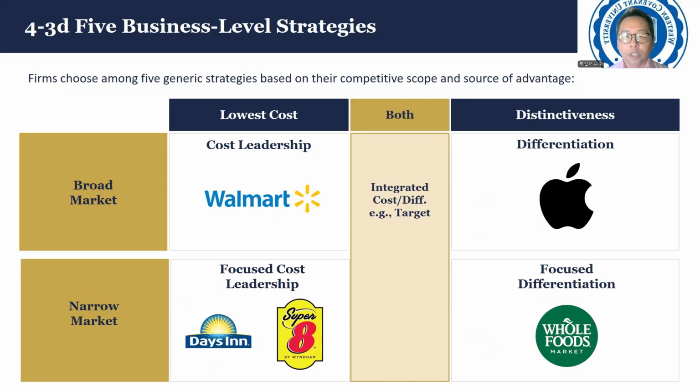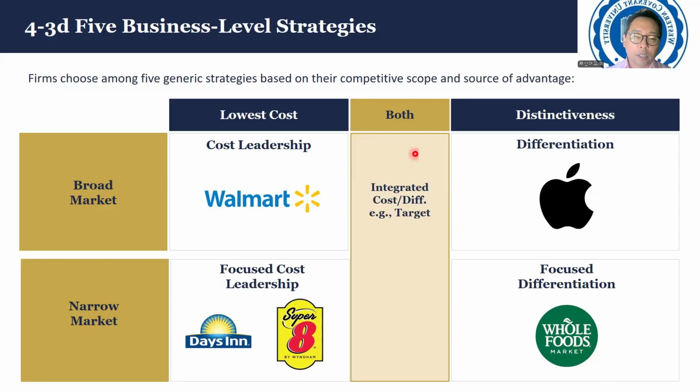This makes Whole Foods differ from other discount stores, right? So Whole Foods does not try to be the cheapest grocery store. It tries to be more distinctive and trusted by customers who care about food quality and lifestyle, because it serves a specific customer group through unique value. That's why Whole Foods fits focused differentiation.